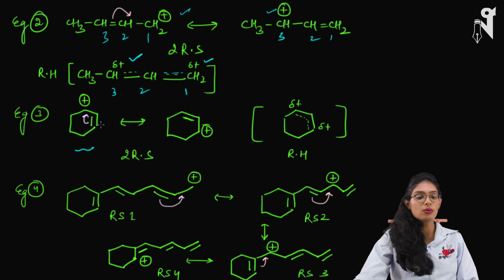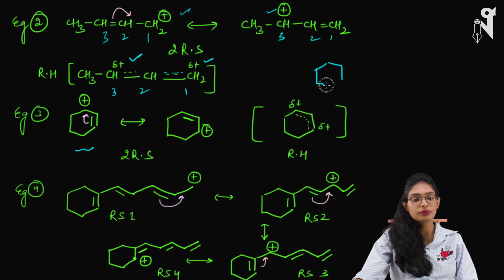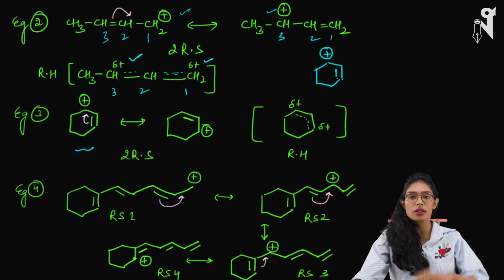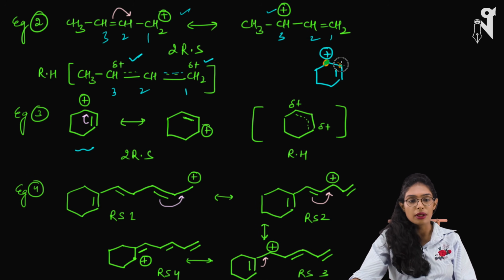So here in this case, this is my molecule with a plus charge. So again, double bond, single bond, plus charge on the alternate position. This is a conjugated system. Now what will happen? This carbon and this carbon, both of these carbons will form a new pi bond by breaking the existing one. Let me draw it a little bigger.